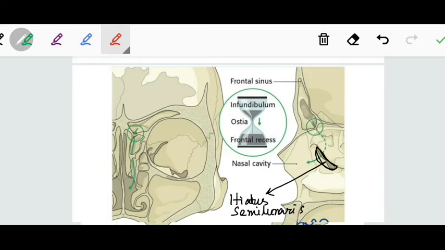Now the frontal sinus opens into the anterior part of the hiatus semilunaris via a duct known as the frontonasal duct. This duct, which connects the frontal sinus with the nasal cavity, is called the frontonasal duct. Okay.